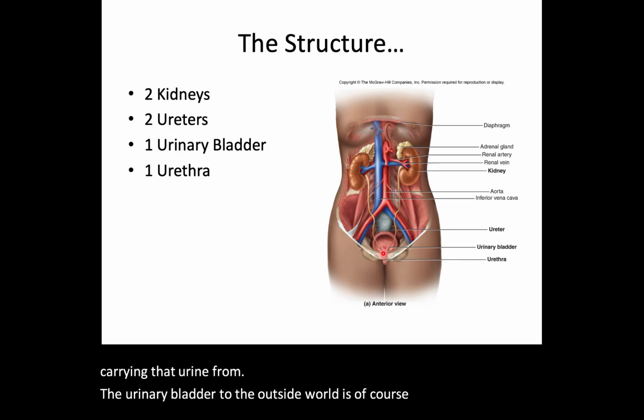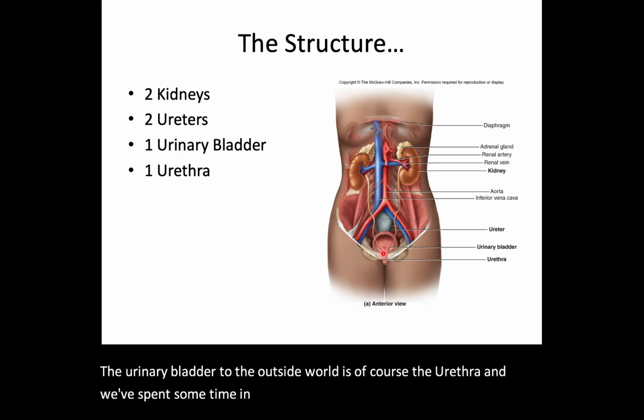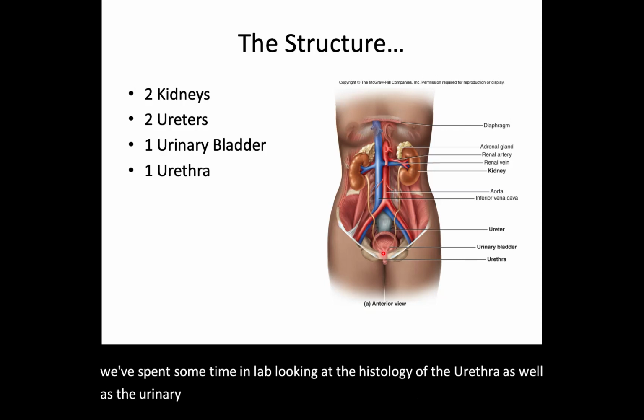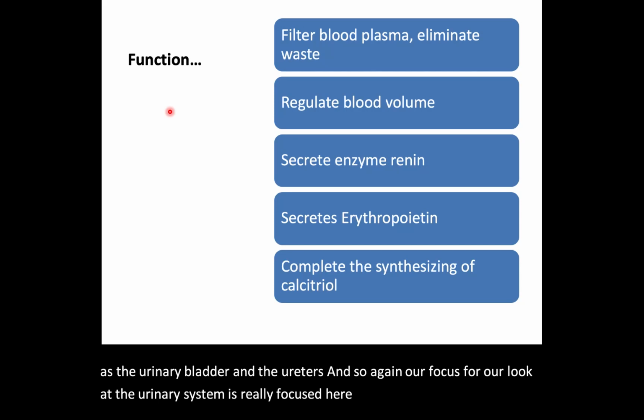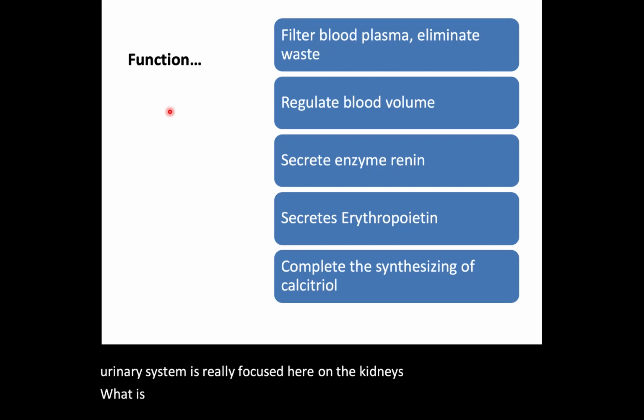We've spent some time in lab looking at the histology of the urethra, as well as the urinary bladder and the ureters. Again, our focus for our look at the urinary system is really on the kidneys.